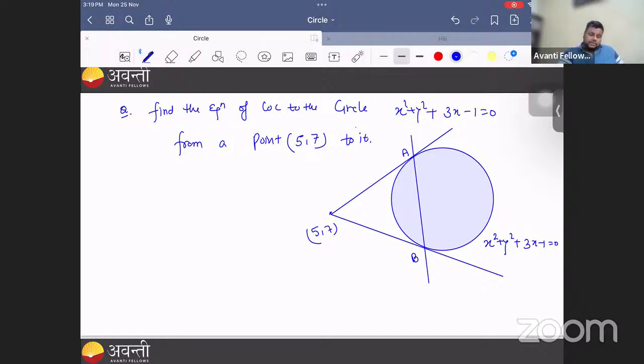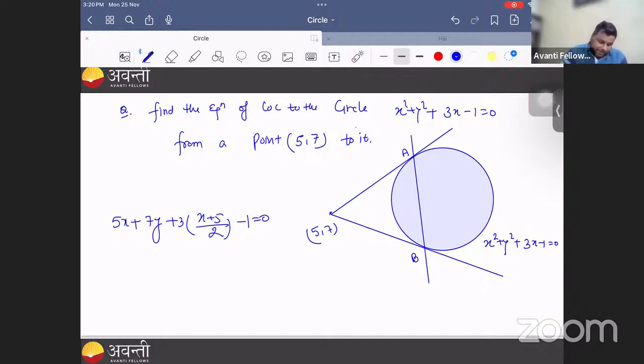Okay. So the equation of the chord of contact will be what? 5x, that is xx1, 7y, that is yy1, x you should replace by (x plus x1) by 2, minus 1 equals to 0. That's it. Got it?